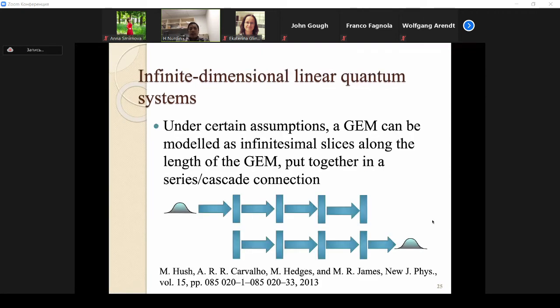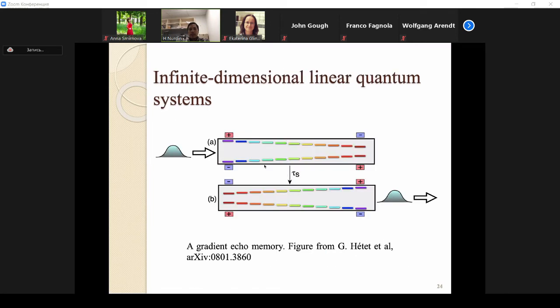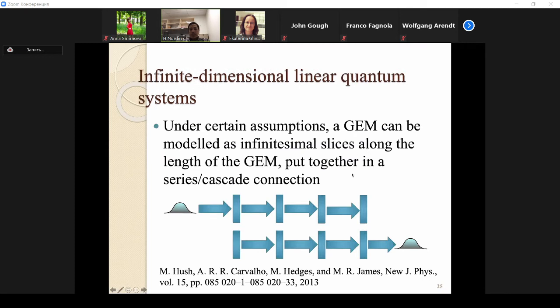Under certain assumptions, this gradient echo memory can be modeled using infinitesimal slices along the length of the memory. You imagine that you can cut this into very small pieces, and these pieces are in a cascade or series connection.